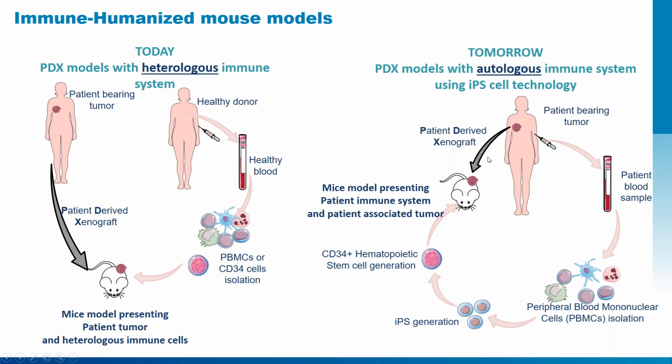In parallel we develop PDX from the tumor, and develop iPS cells from PBMC coming from the same patient, that we use to obtain hematopoietic stem cells that we inject in mice to reconstitute an immune system coming from the same patient as the tumor.